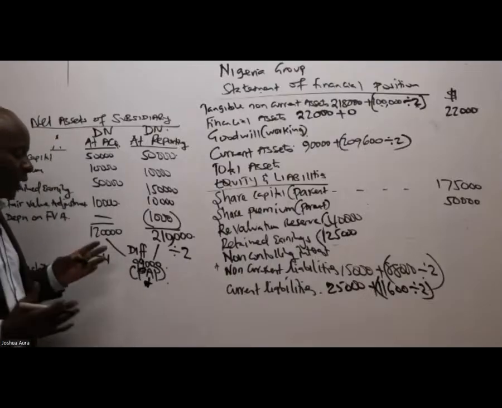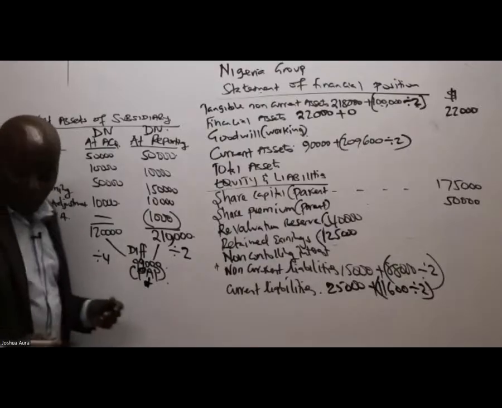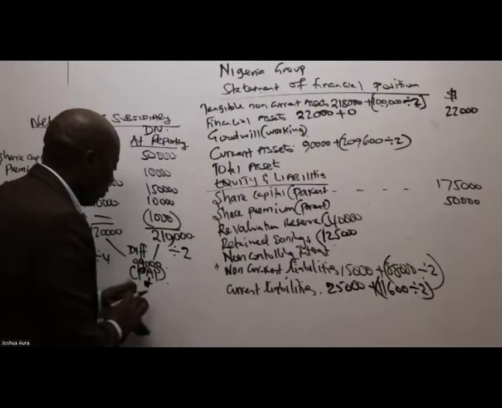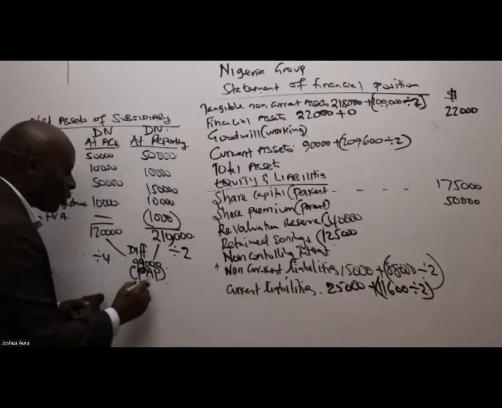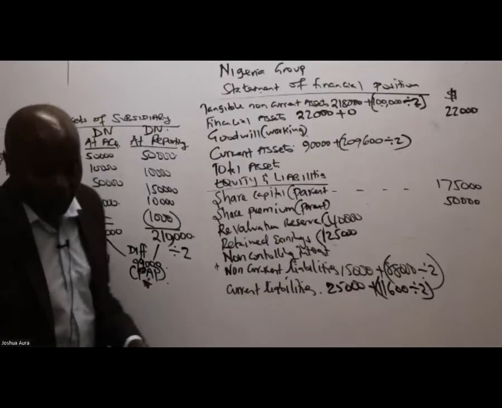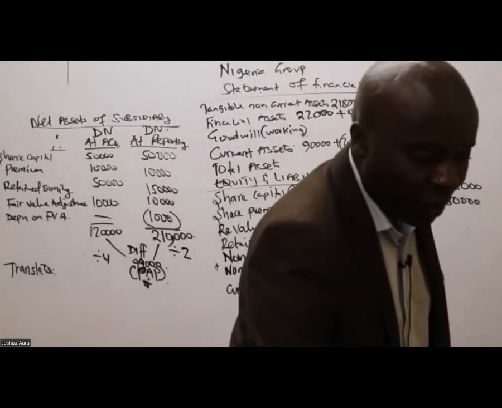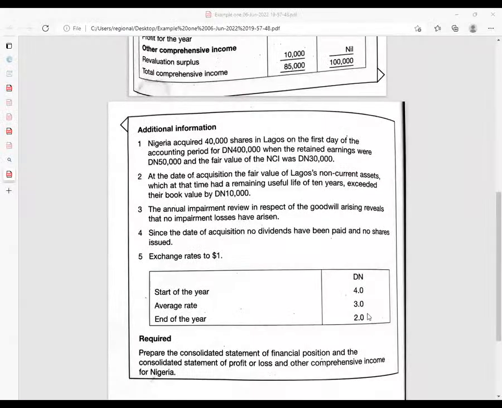So come and look for the average rate, and then we use it here. The average rate has been provided. It's 3. So divide this by 3.